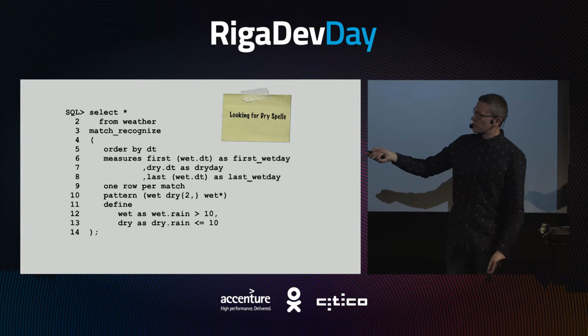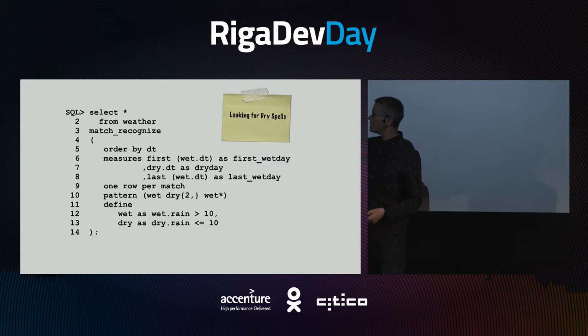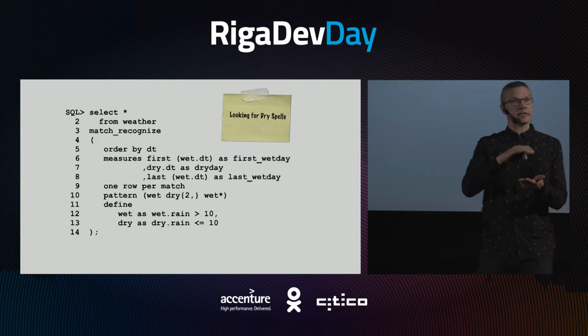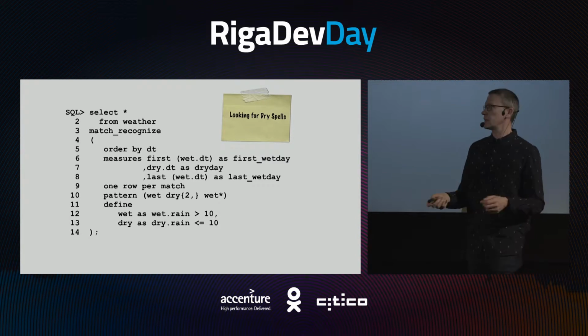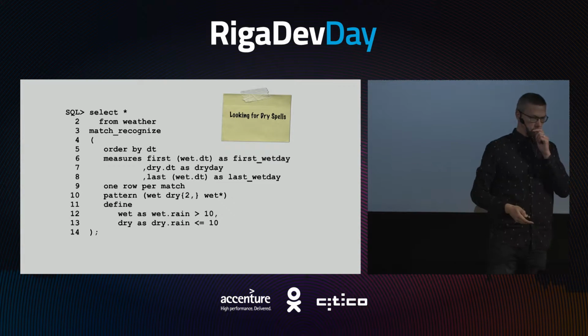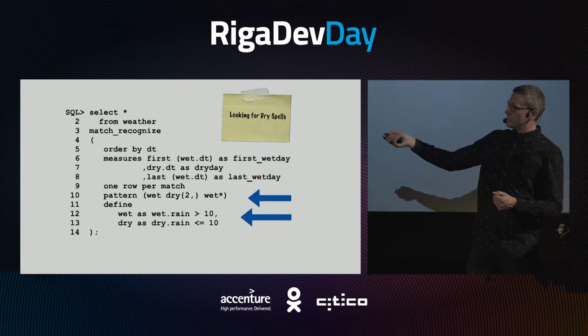So the first thing is we have to define what's a wet day and what's a dry day. If it's more than 10 centimeters of rain, we call it a wet day, and if it's less than 10 centimeters of rain, it's a dry day. So that's the definition at the bottom. Then we need our pattern.